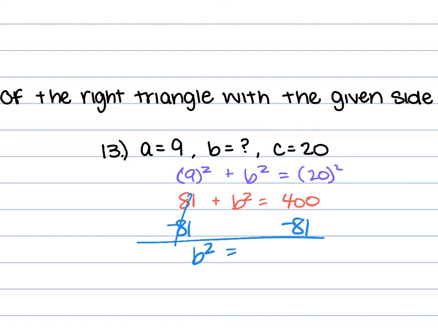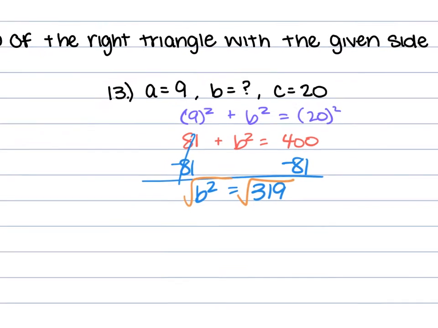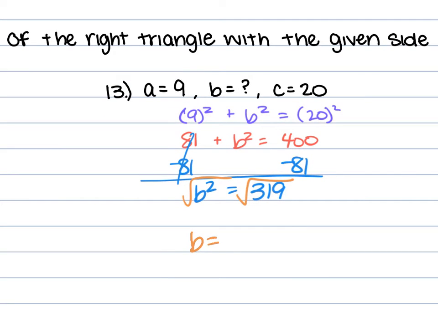Then we get b squared is equal to 400 minus 81, which is 319. We can take the square root of the 319 here to get what b is, and b is just going to equal the square root of 319 because we cannot simplify that.